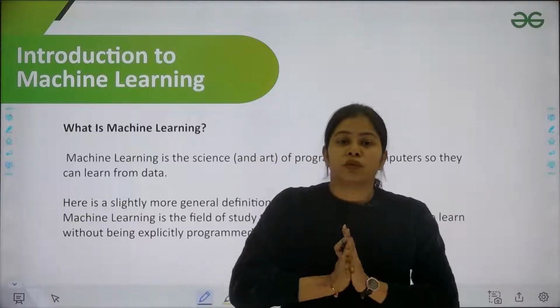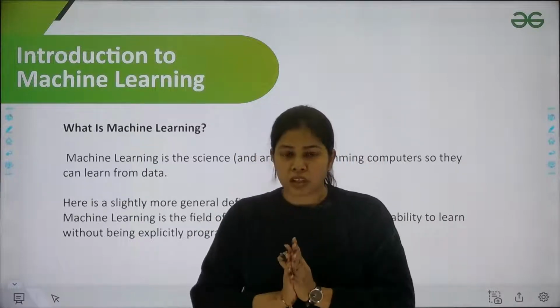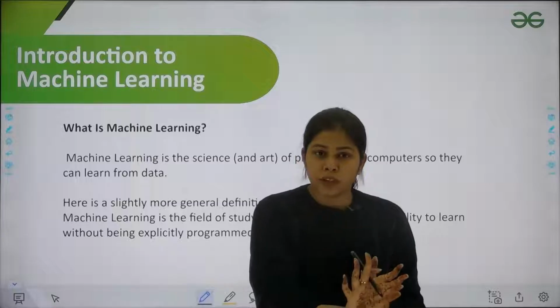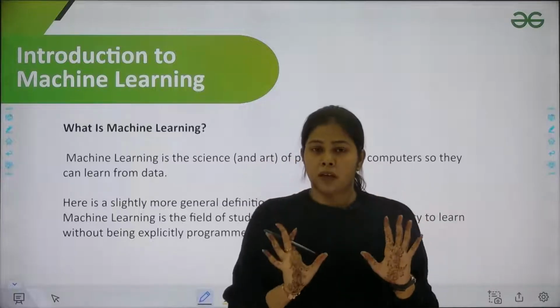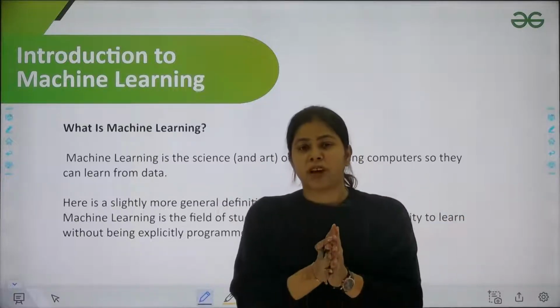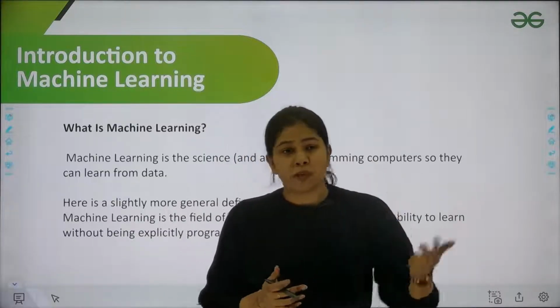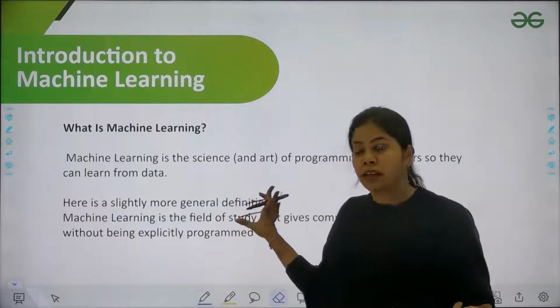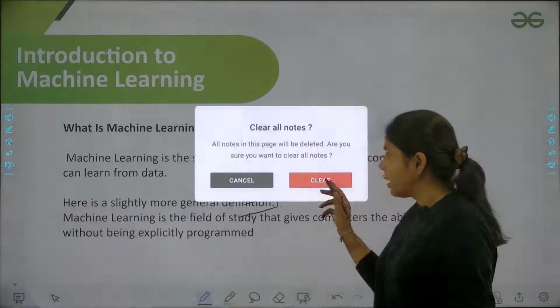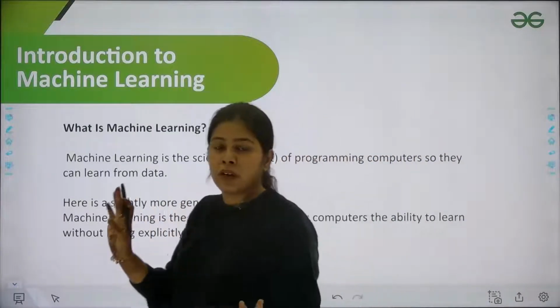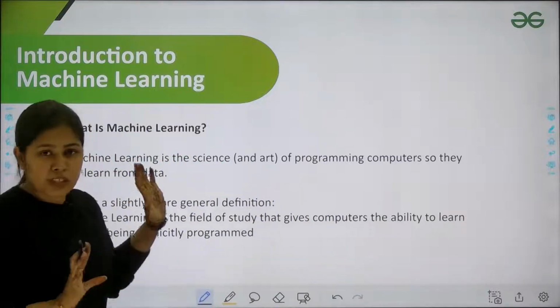So what will we do? We'll feed some data to a machine, and with respect to that, with some coding, we are going to combine those two and get output, right? We are going to make machines think using machine learning, so that what a human can do, we are going to do with machines.